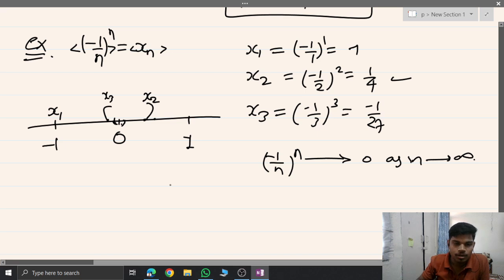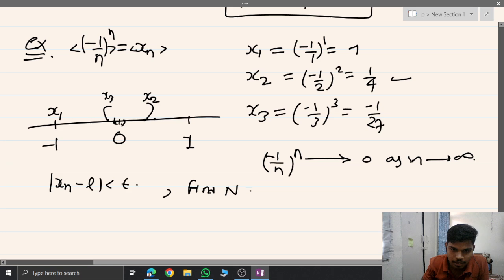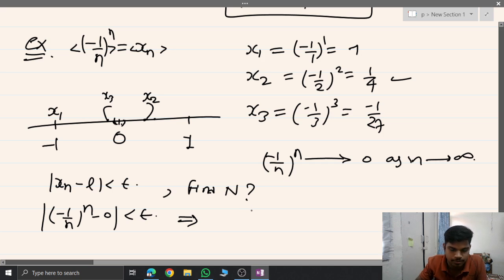Or by the epsilon definition, xn minus L is less than epsilon. Now your motivation is to find the n. So here, minus 1 to the power n by n to the power n minus 0 is less than epsilon. From here, you need to find the value of n in terms of epsilon.